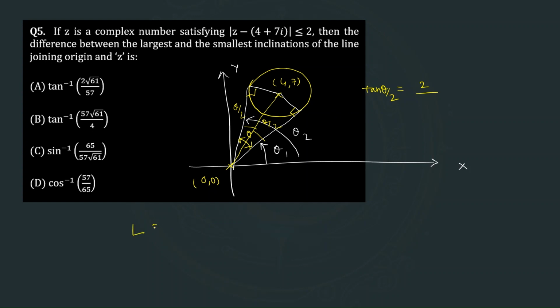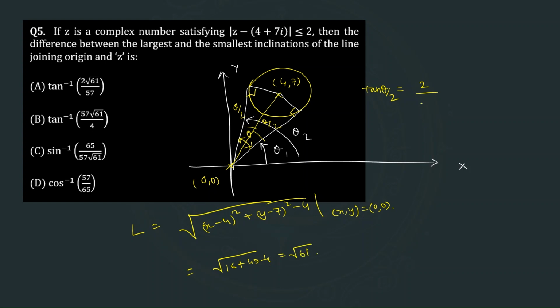So if we calculate the length of tangent, it will be the square root of (x minus 4) whole square plus (y minus 7) whole square minus 4, with (x, y) equal to (0, 0). So the length of tangent will be the square root of 16 plus 49 minus 4, which comes out to be root under 61.